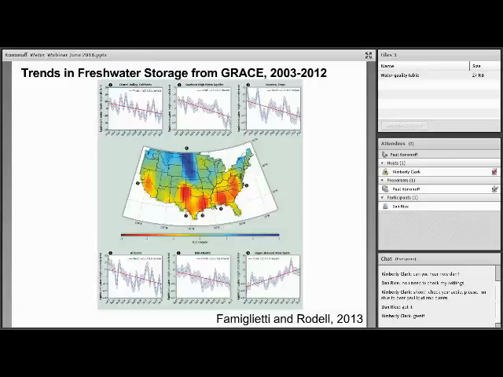Again, major areas of livestock production are in areas where there's documented reduction in freshwater storage. In fact, if you look across the country, the only area that has actually seen significant increases in groundwater stores is the upper Missouri Basin, or areas that actually cover North Dakota, South Dakota, and Nebraska.